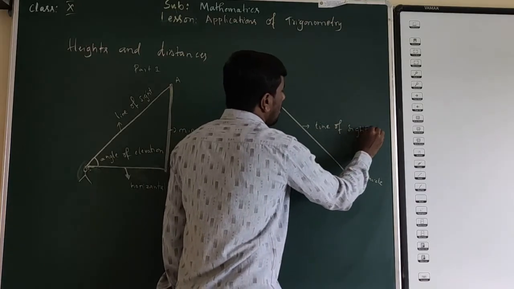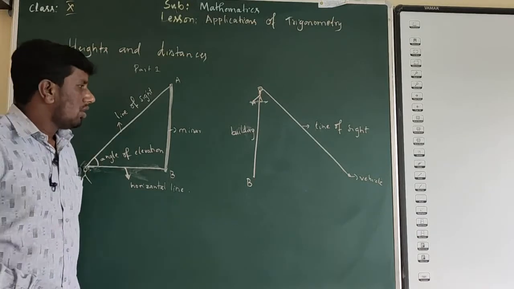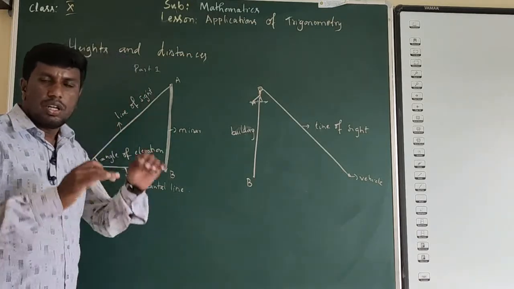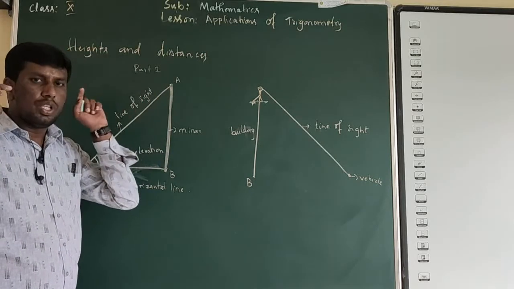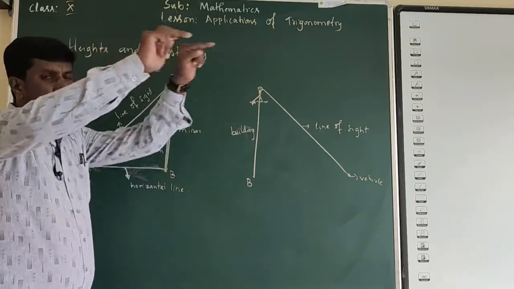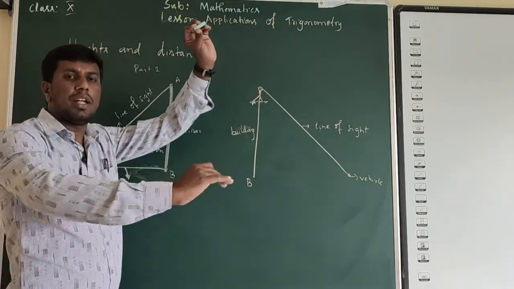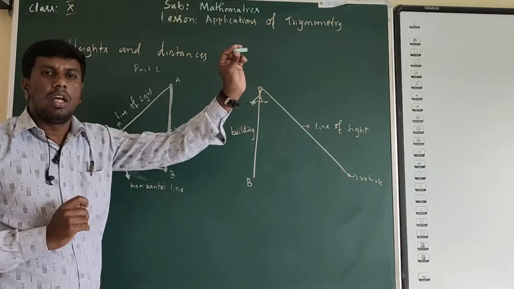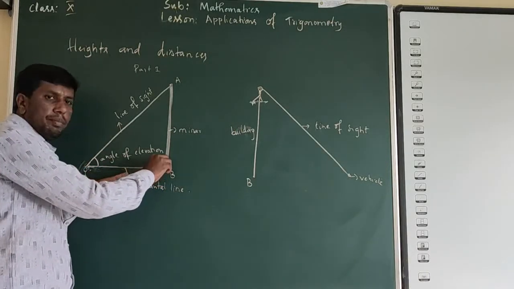Okay. Now we need to find out the horizontal line. Which is the horizontal line? The horizontal line should be from your eye, parallel to the ground. So here it is. This is the foot of the building.